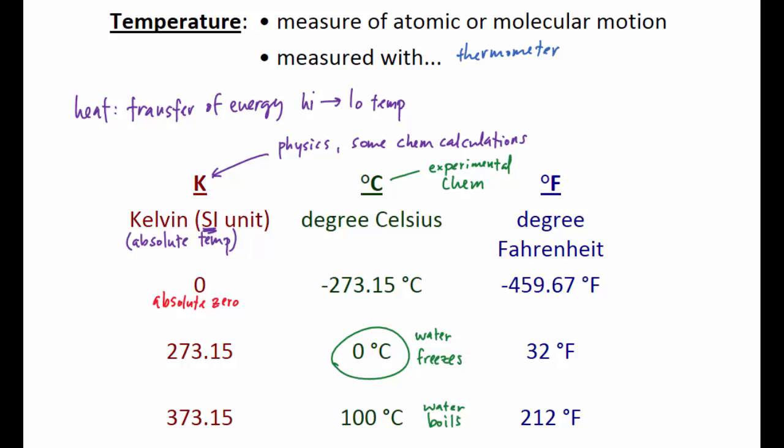Let's compare Kelvin with Celsius, though. Let's look at the difference between absolute 0, okay, and where water freezes. Okay? That's an increase of plus 273.15 Kelvin. Okay? But on the Celsius scale, that's the same distance, right?